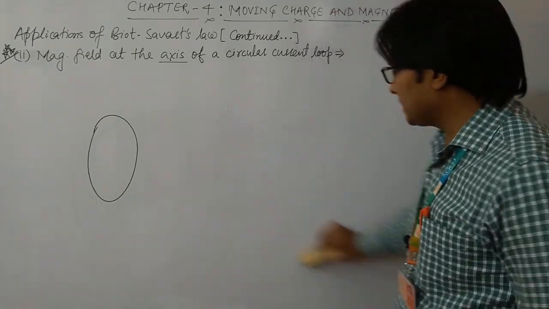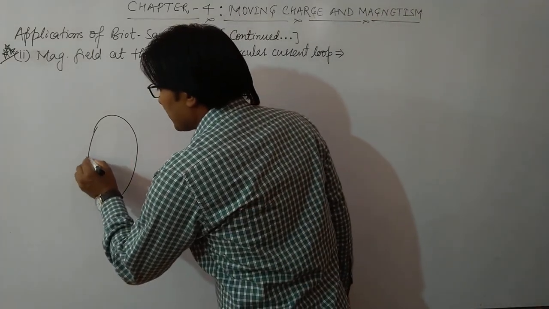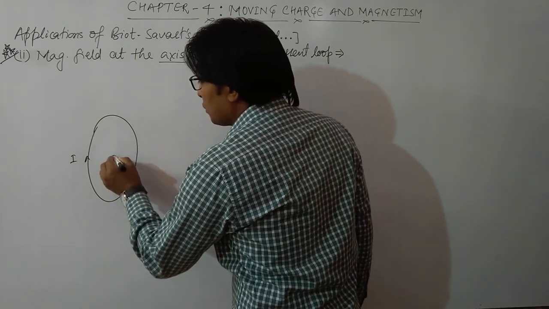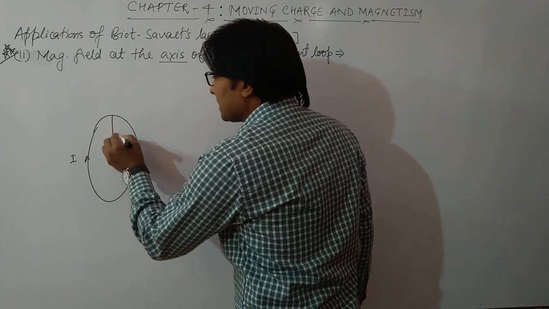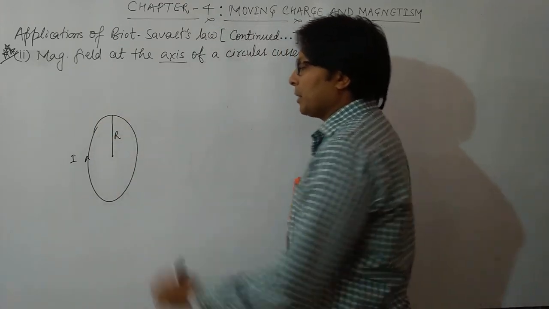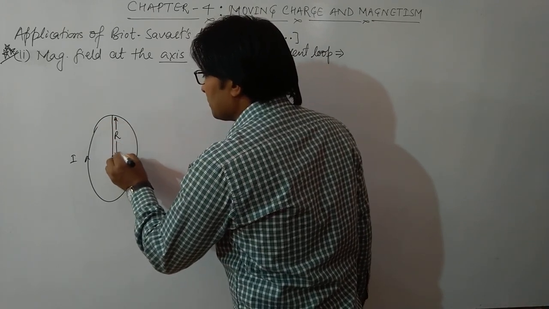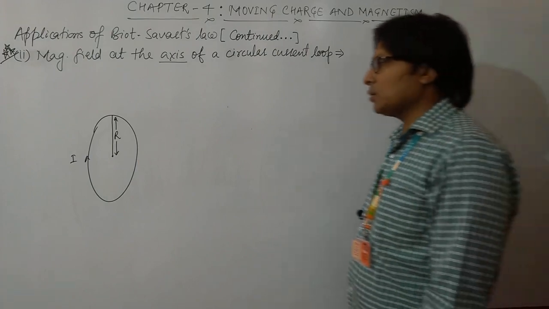which is placed in this plane, and suppose this loop carries current I, and the radius of this loop is A, or you can say R. In our previous derivation we assumed the radius as R, so here also we are assuming it as R. In some books it is denoted by A also.